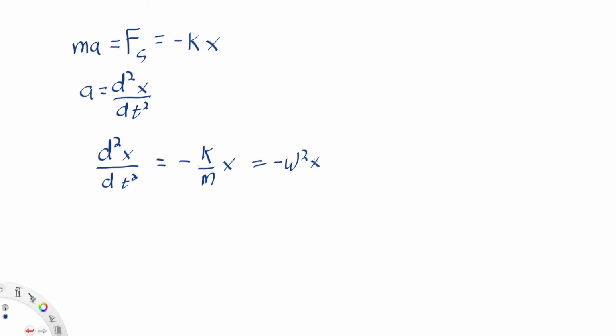So basically, x has to be a function where when we take the second derivative, we get a negative sign, we get a constant squared, and we get the original function back. What kind of functions have those properties?